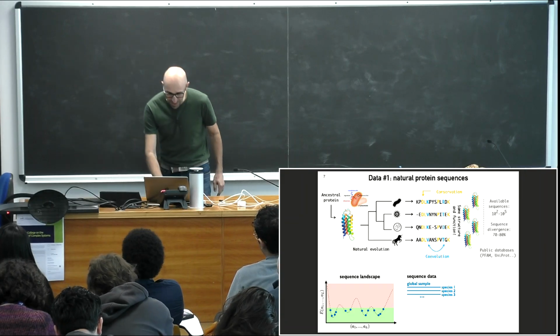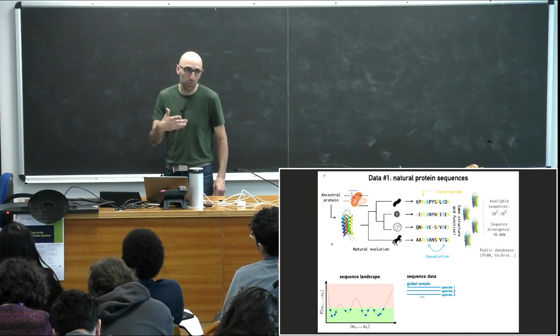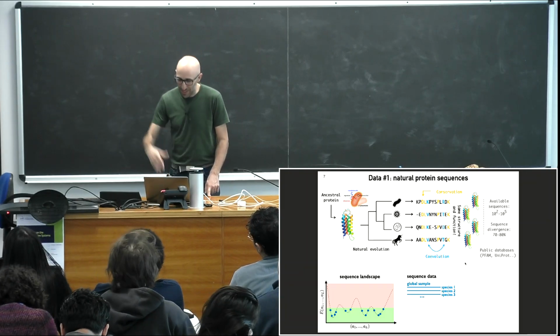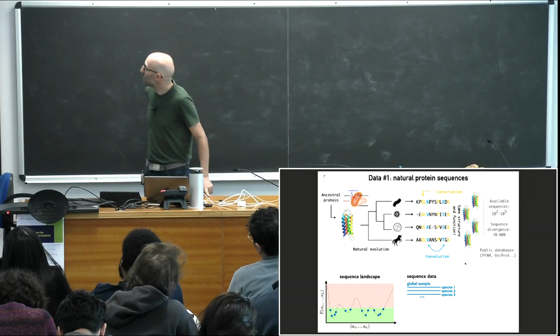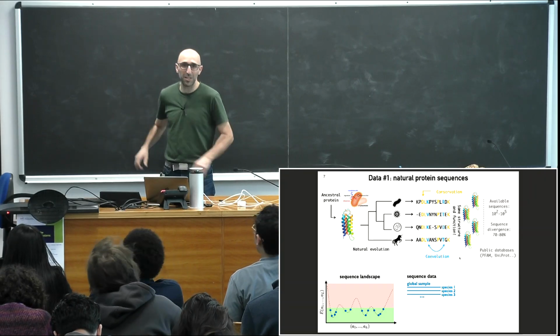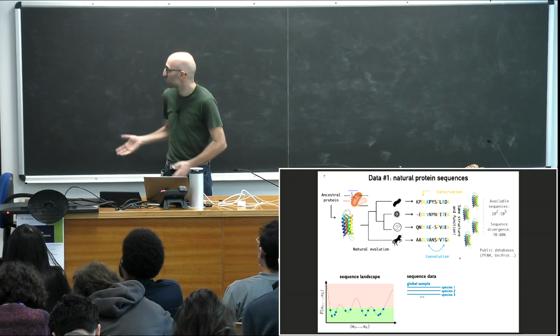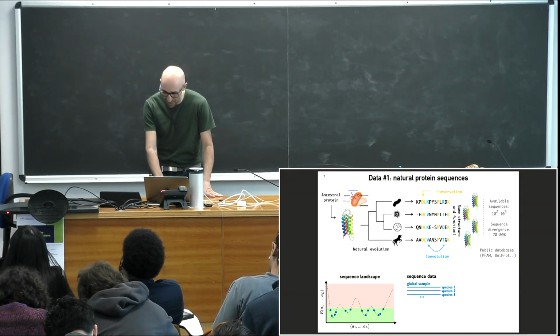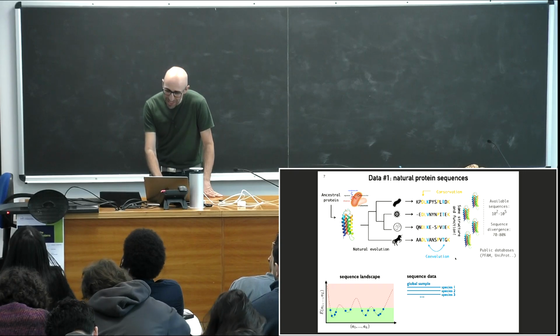So for example, this is this beta-lactamase protein that is used by bacteria to resist antibiotics. So you can get an alignment of sequences that are all folding into the same structure, and they are doing something similar, so resisting to antibiotics. If you look at this, you can align these sequences.